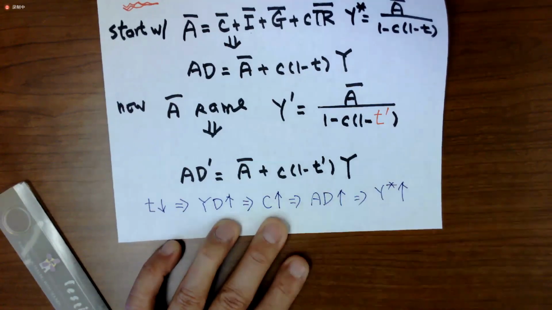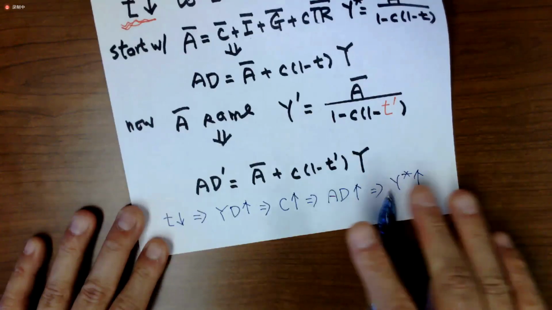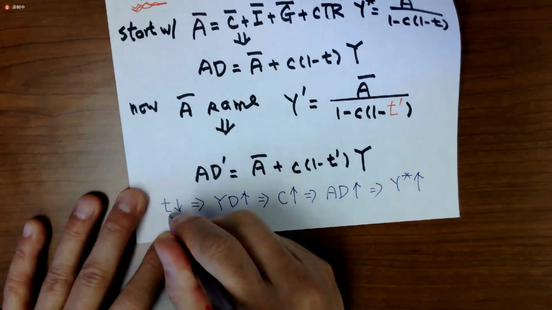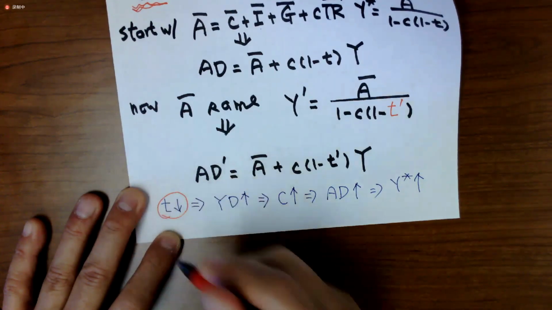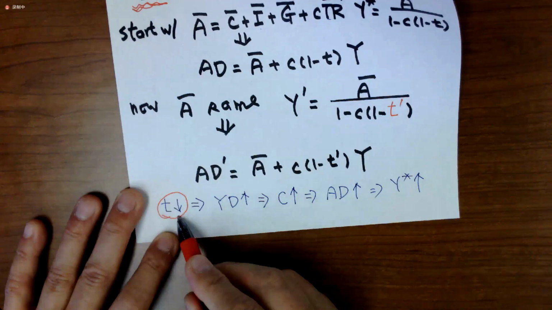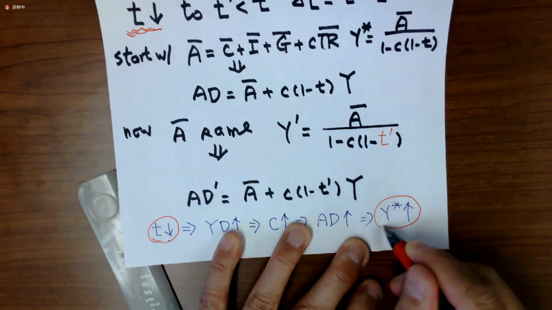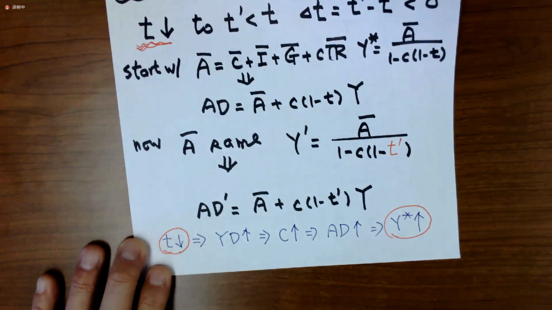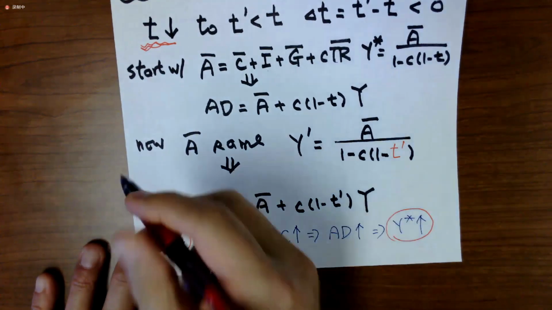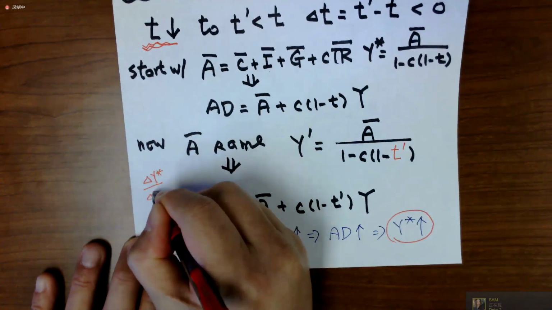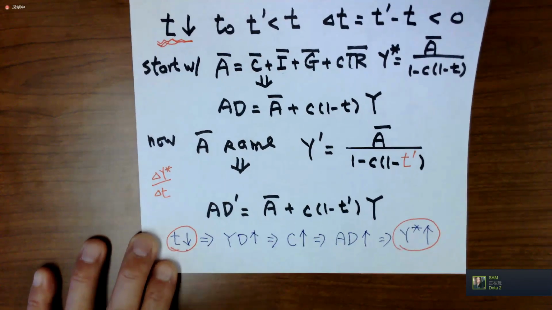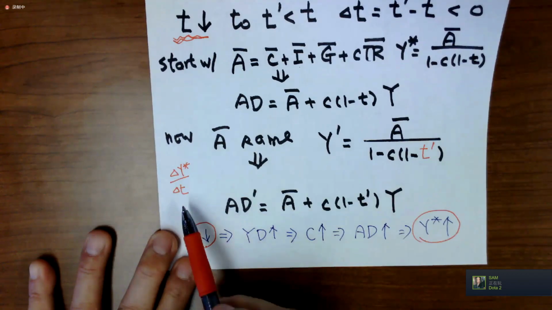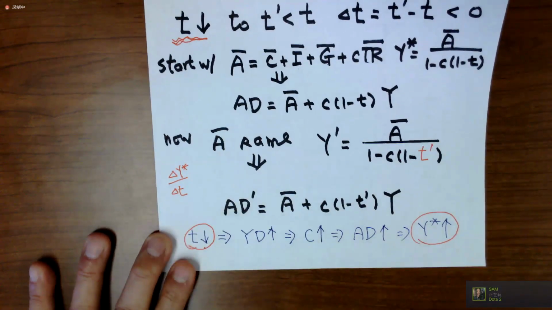So what you see here is that a decrease in taxes will raise the economy's output, correct? Yes. So what do you expect to see, therefore, when I derive the tax rate multiplier, change in Y star divided by change in little t, positive or negative?